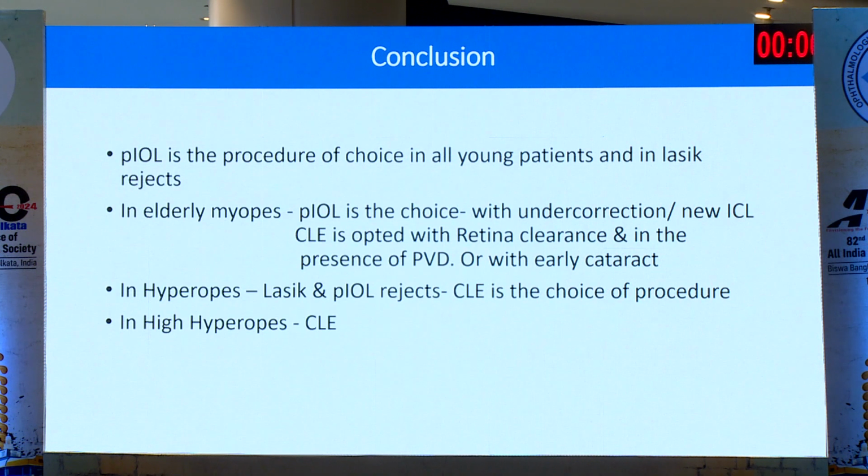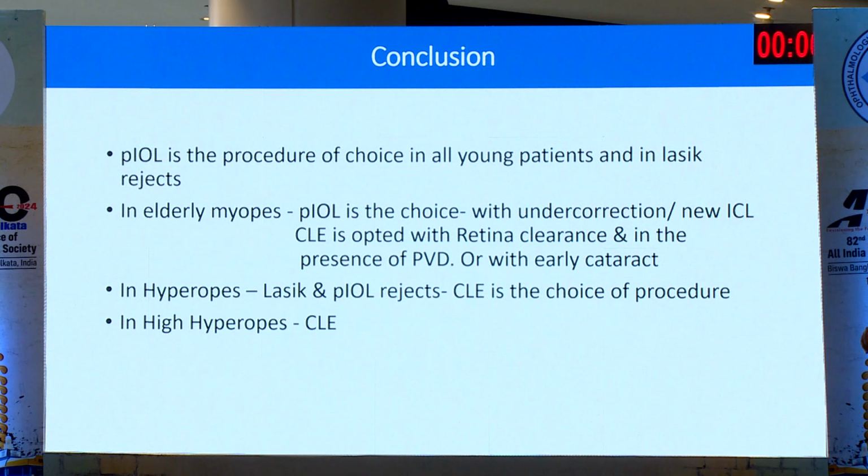So to conclude, phakic IOL is the procedure of choice in all young patients and in LASIK rejects, whether it is Indian or imported. In elderly myopes, phakic IOL is the choice with undercorrection, or with the newer presbyopia-correcting ICL, we can opt for that also, with some riders.